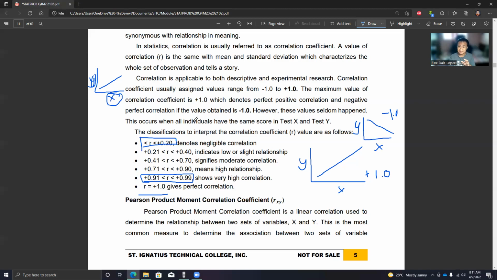Okay, so that's expected. Kinahanglan ma-achieve ang correlation nga 0.91 to 0.99. Pero sa inyong research, di mo mag-expect ana. You will, although makakita mo, but you cannot expect it all the time to happen. Okay, so ana akong gusto ipasabot sa inyo.